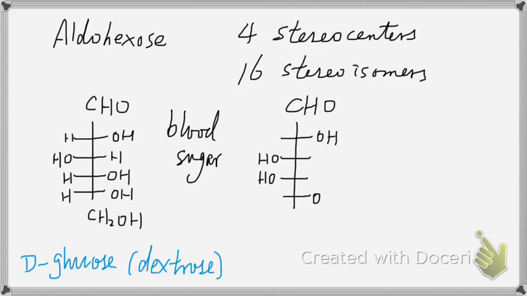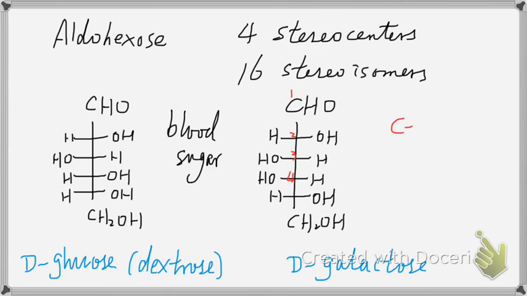The second one you need to know is called D-galactose. The only difference between D-glucose and D-galactose is on carbon 4. Galactose has the opposite stereocenter at carbon 4. So we also say D-galactose is a C4 epimer of D-glucose.